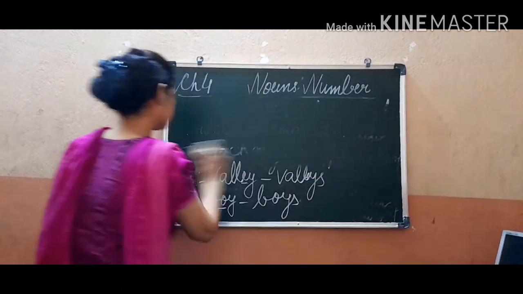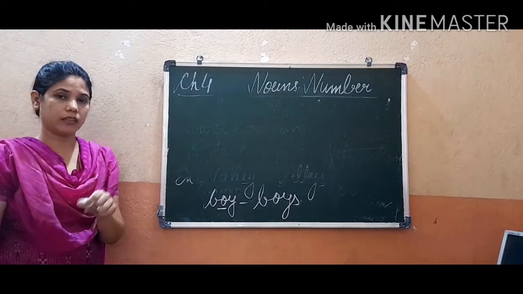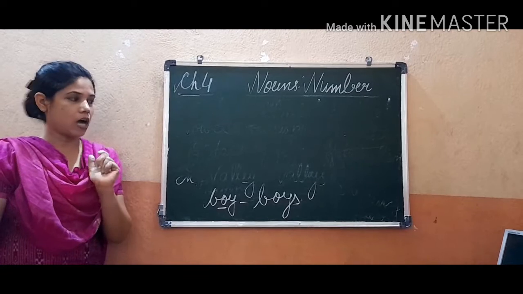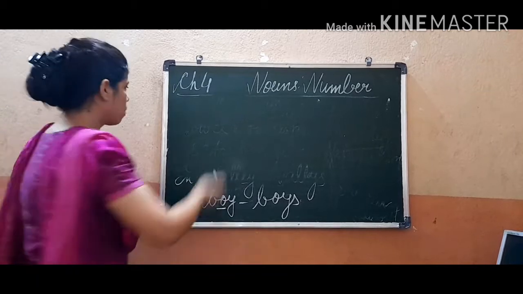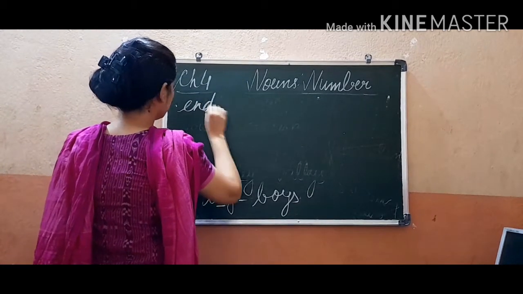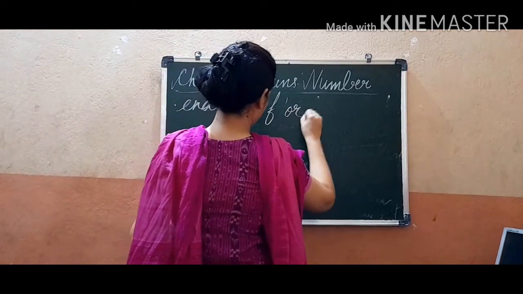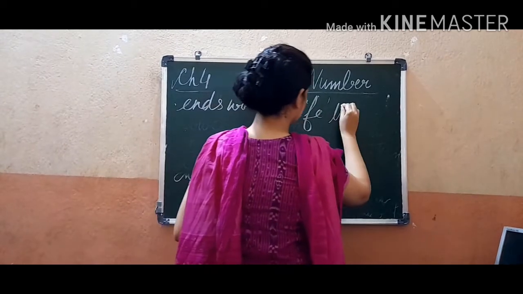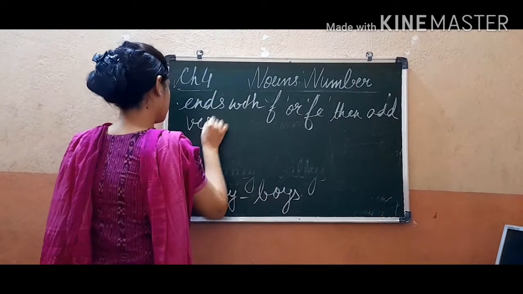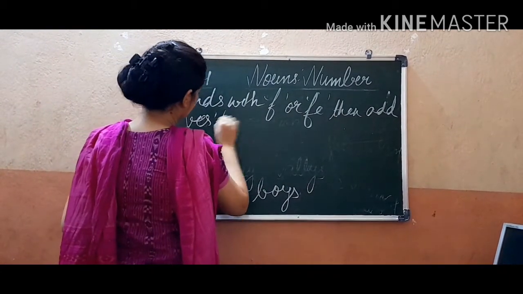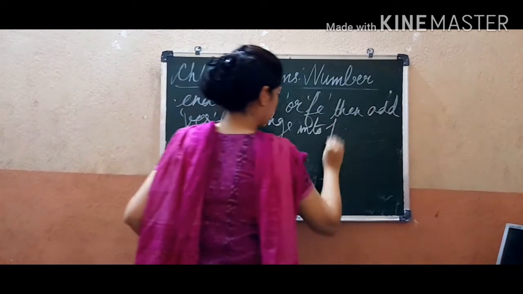Next is when the noun ends with f or fe, then we have to use ves. When a noun ends with f or fe, then add ves to change into plural.